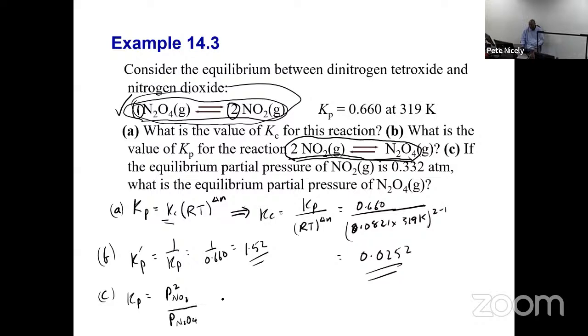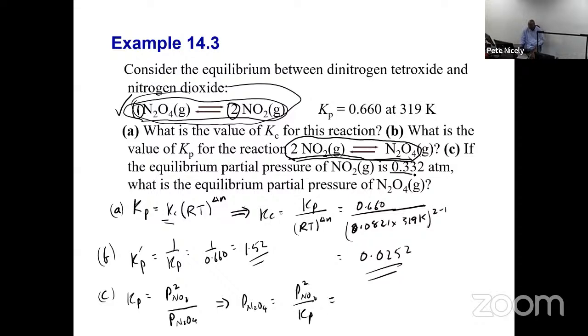What the question is asking for is the pressure of N2O4. So we can rewrite this as pressure of N2O4 will be equal to the pressure of NO2 squared divided by Kp. And then all we have to do is plug the numbers in.